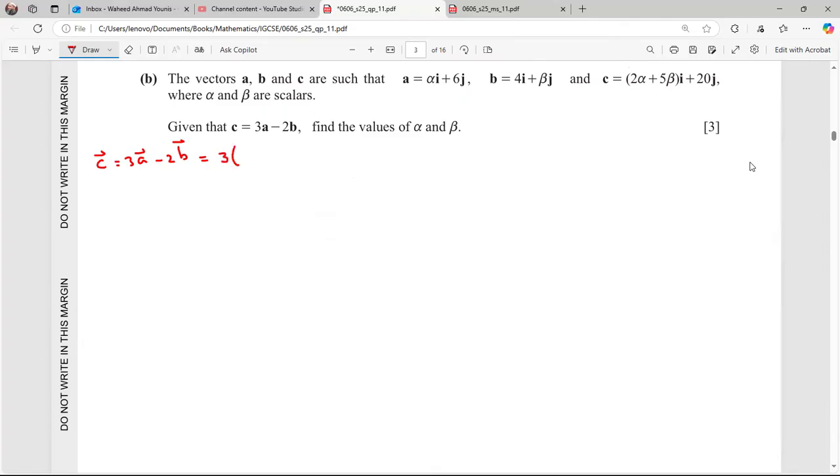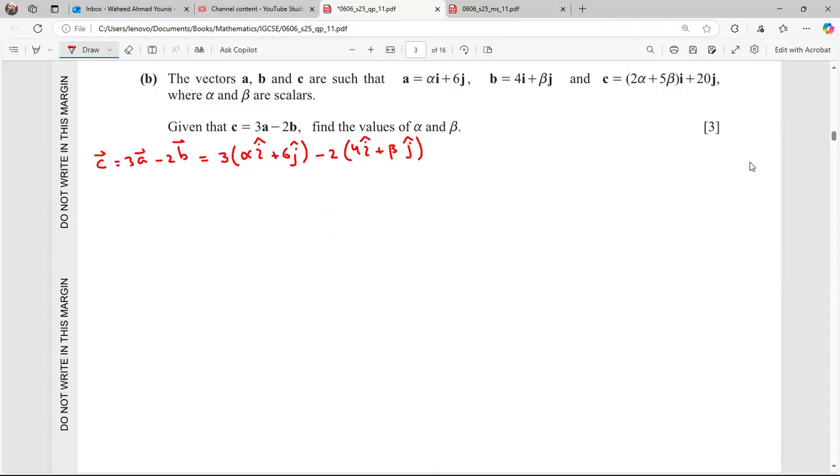A is given as alpha I plus 6J, where I and J are unit vectors. Minus 2 times B. B is 4 times I plus beta J. This is my vector B.